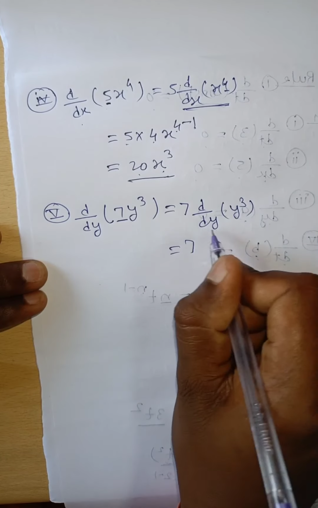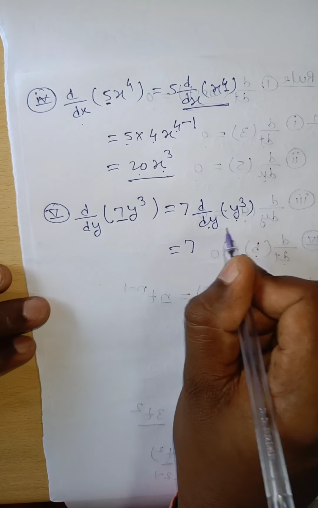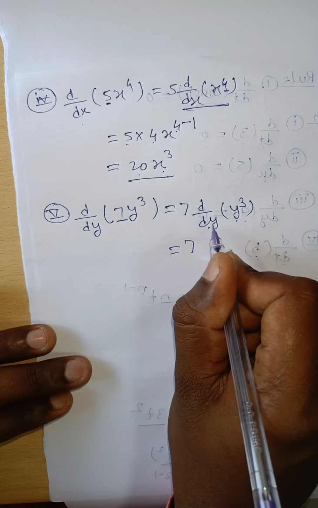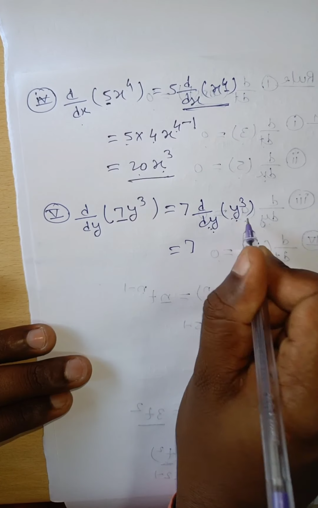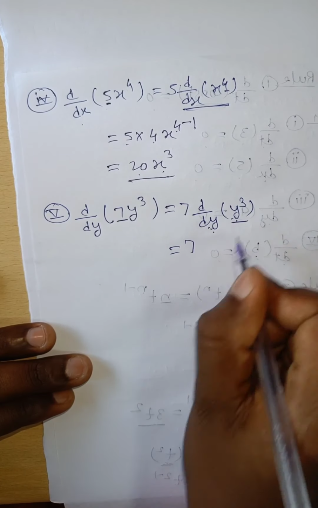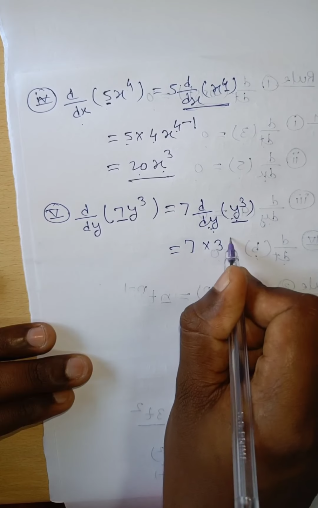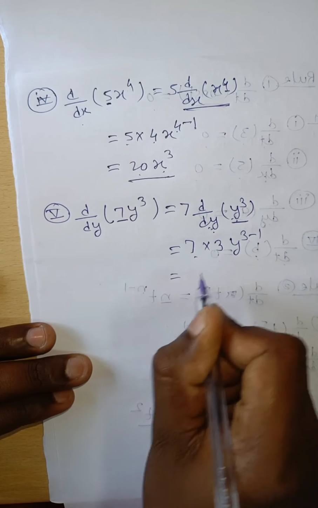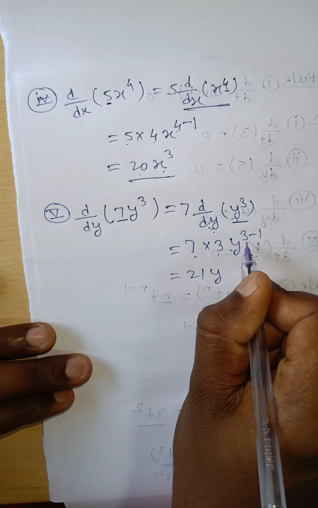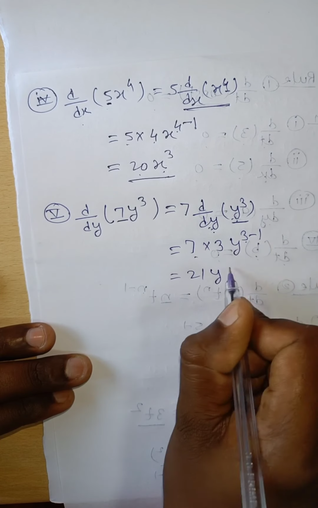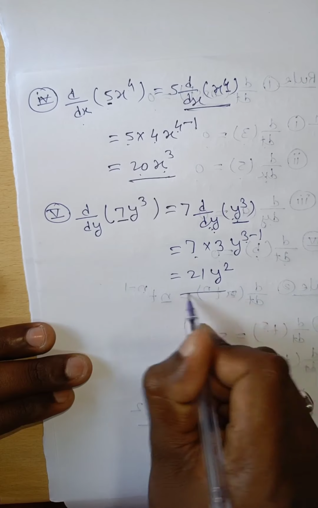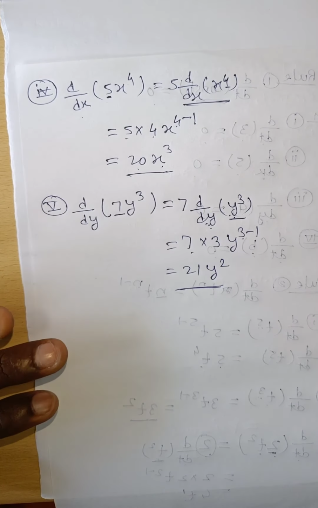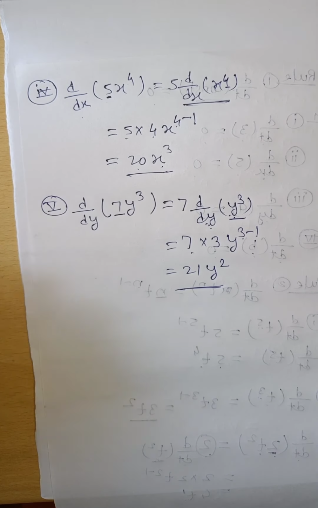Here, in place of t we take y. Then differentiation of y cube is 3 into y to the power of 3 minus 1. Then 7 threes are 21, and y to the power of 3 minus 1 means 2. That is 21y square. Okay, this is the application of rule two.